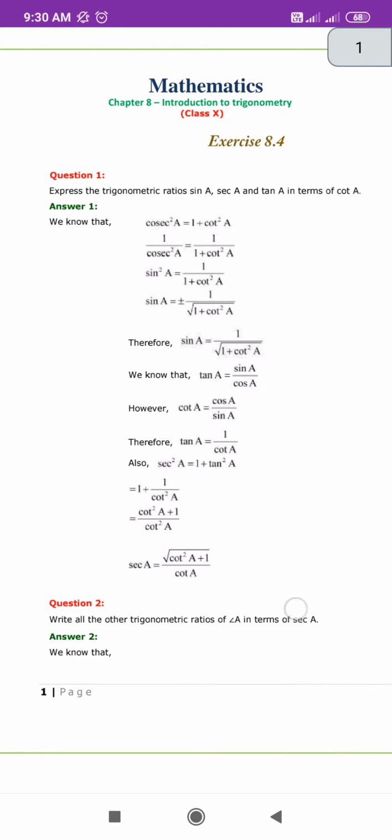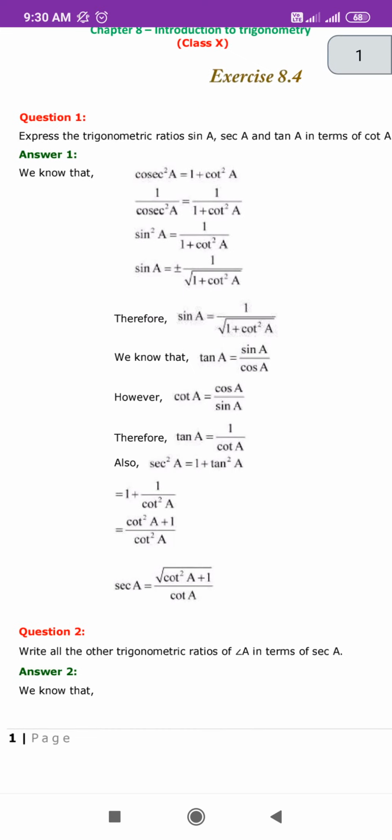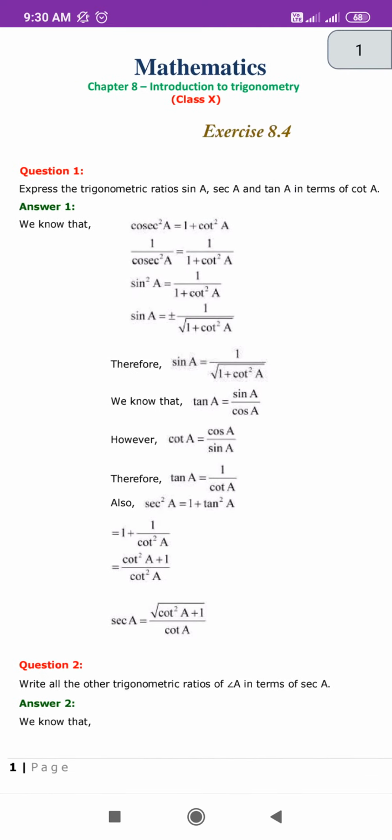So first of all, see all of you, the question number 1 is: express the trigonometric ratios sin A, sec A and tan A in terms of cot A. That means we have to show sin A, sec A, tan A in terms of cot A. So we will observe any one formula related to cot.